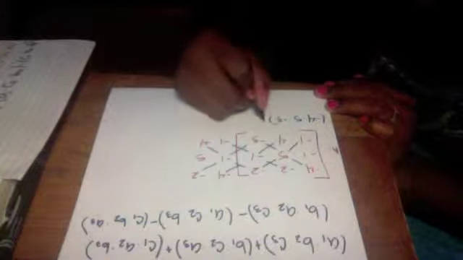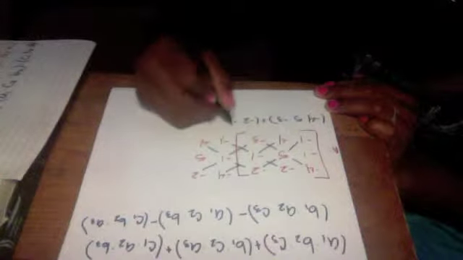So now you have -4 times 5 times -3 plus -2 times -1 times -1 plus -2 times -1 times 4.